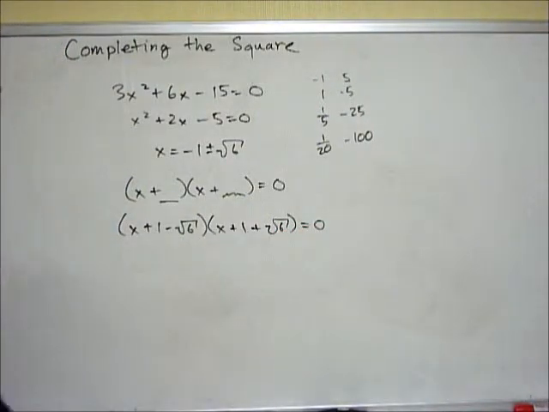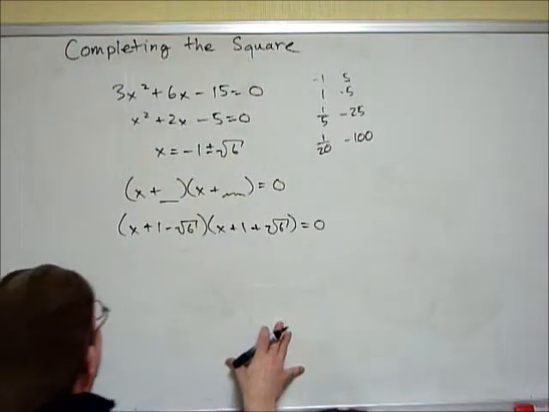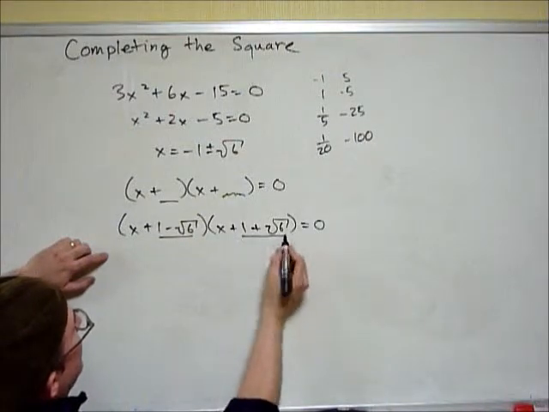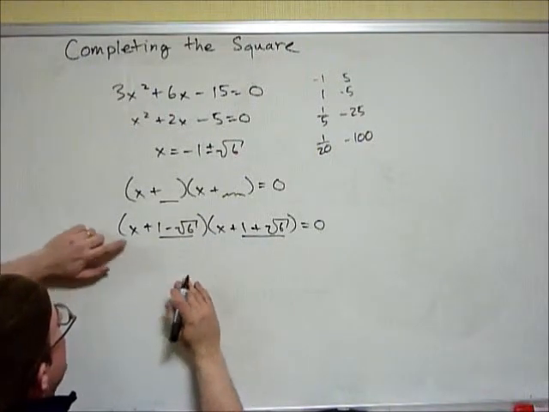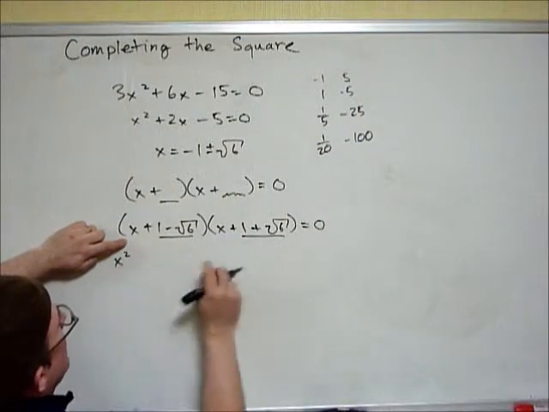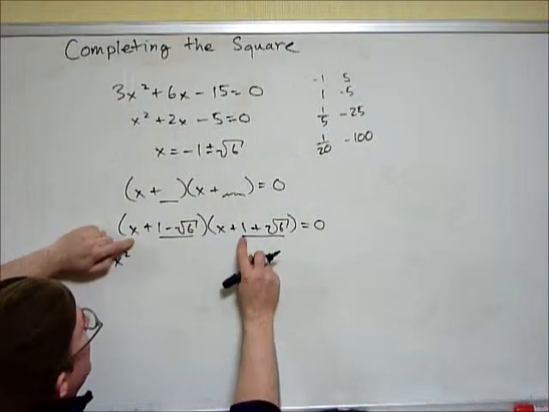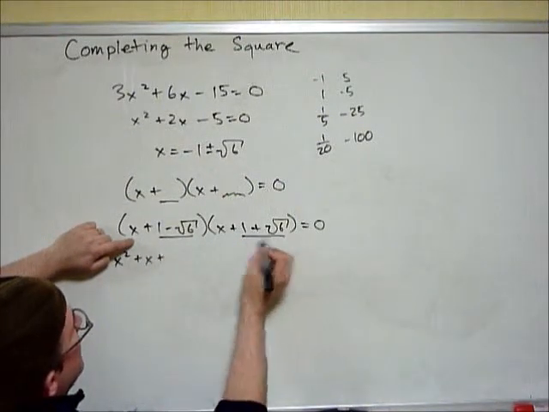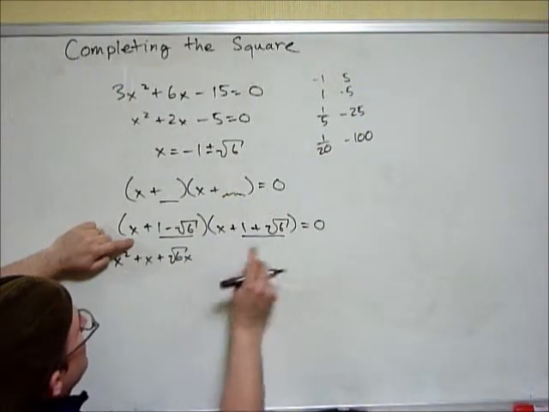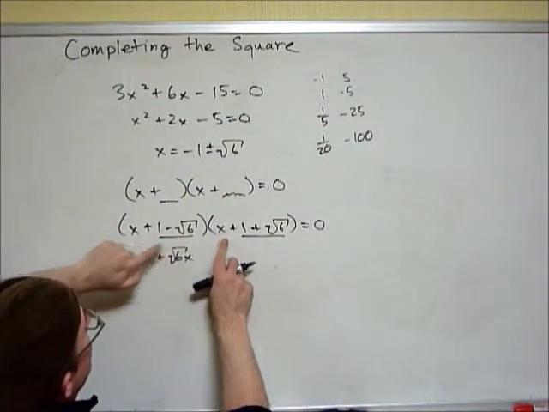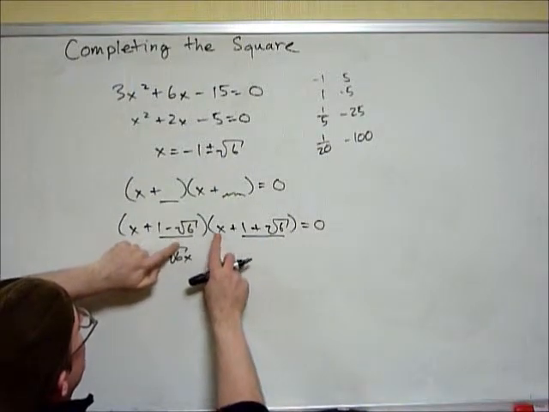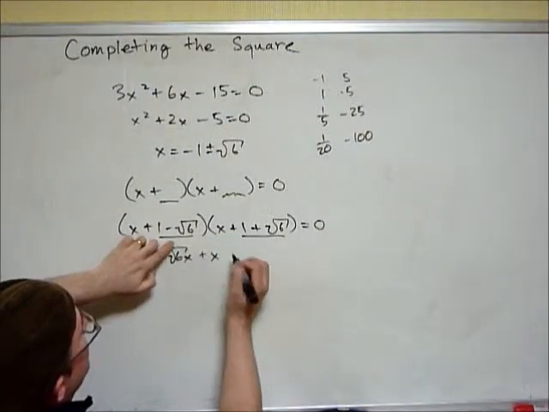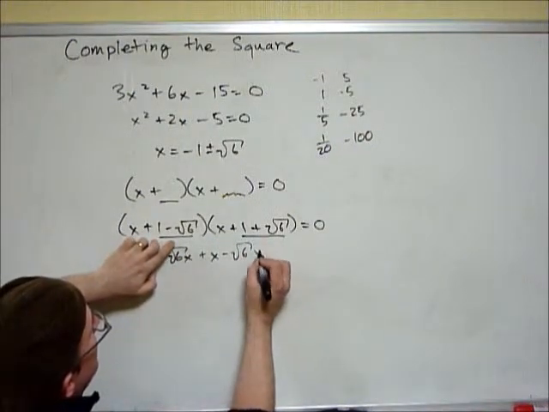What happens if we multiply this out? Well, there's a lot of FOIL involved in that. For now, let's just think of this as one thing and this as another, so we do the FOIL like that. We'll get x squared plus x times this, so we get x plus square root of 6 x, yeah? Then we did outside, now we do inside. X times 1 is x, times negative the square root of 6 is negative square root of 6 x, right?